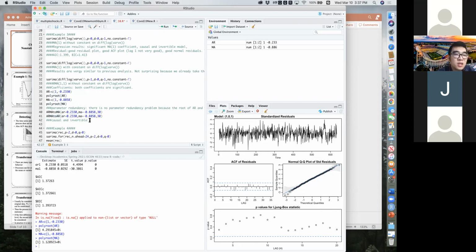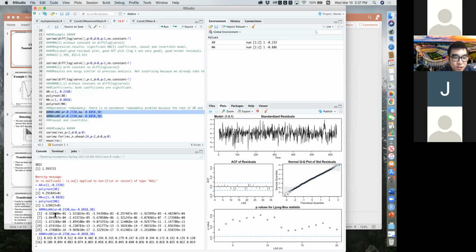We know that any causal and invertible model can be written as an MA infinity and an AR infinity representation, and the coefficients of the MA representation and the AR representation would converge to 0. That's what we are looking for. Let's check ARMAtoMA to check the MA representation.